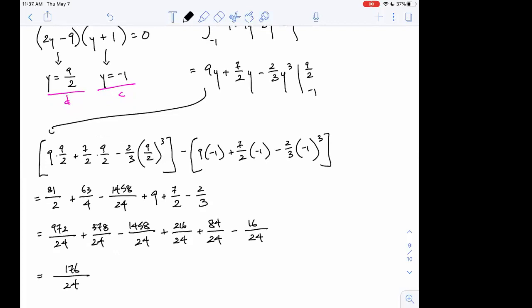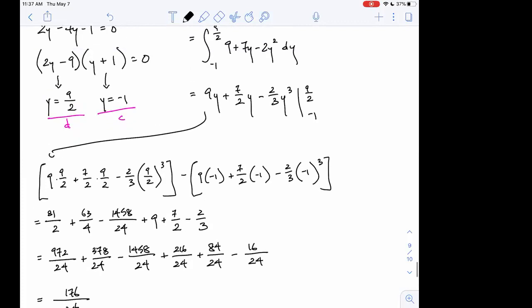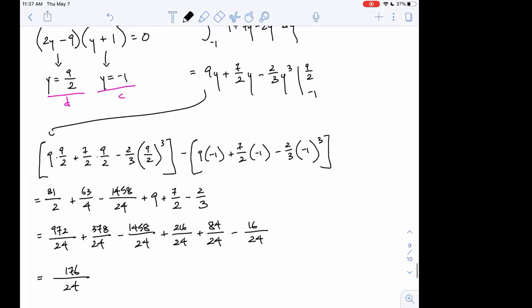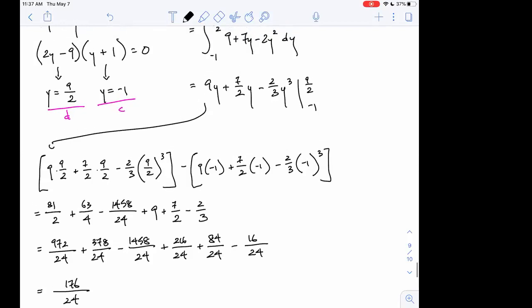Is this what folks are getting? I think this is not correct.